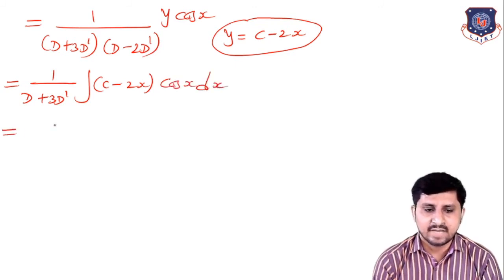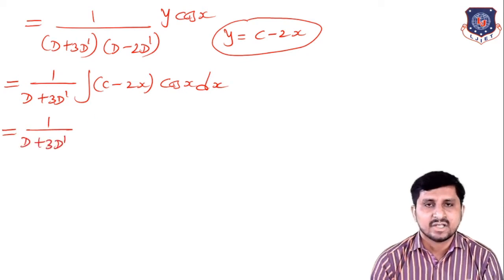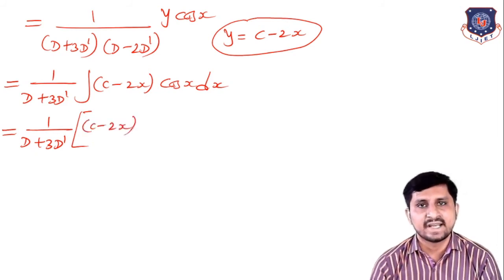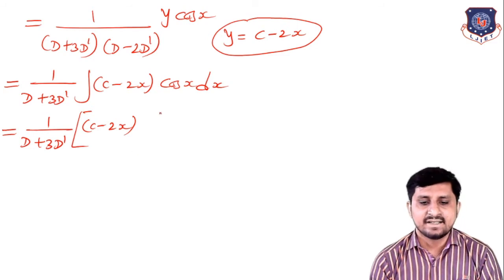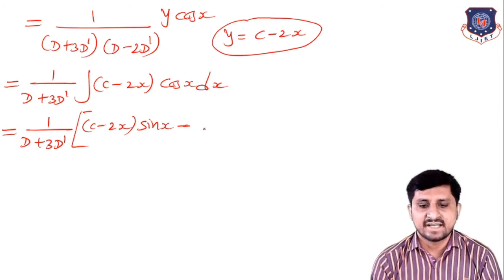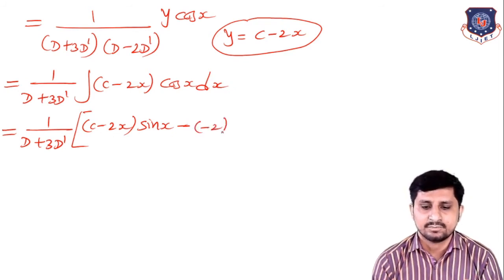Now integration by parts. So 1 upon (D plus 3D'), (c minus 2x) as it is, right? Integration of cos x, that is sin x, minus differentiation of (c minus 2x), that is minus 2, and integration of sin x, that is minus cos x.